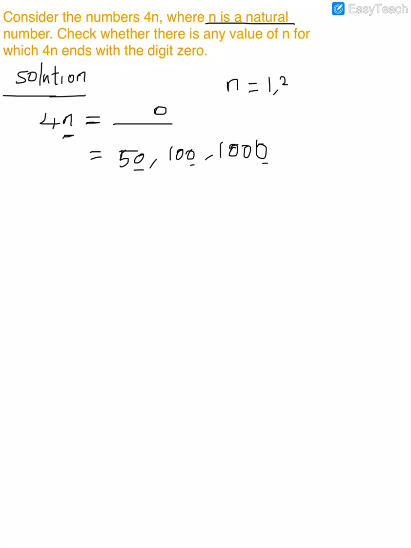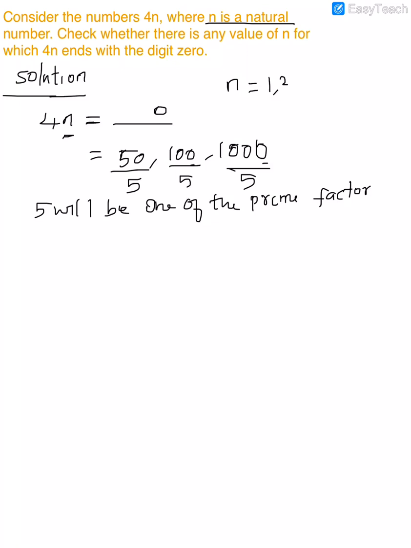If any number ends with 0, that number must be divisible by 5. So 5 will be one of the prime factors. If any number ends with 0, 5 must be one of the prime factors of that particular number.